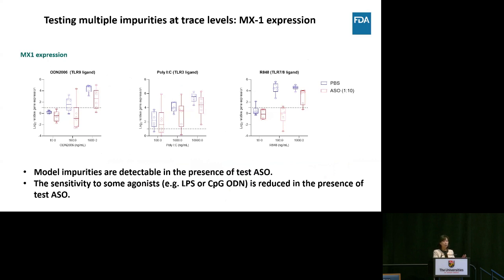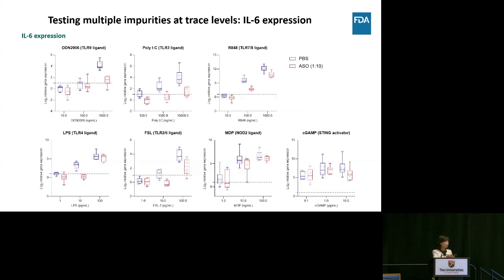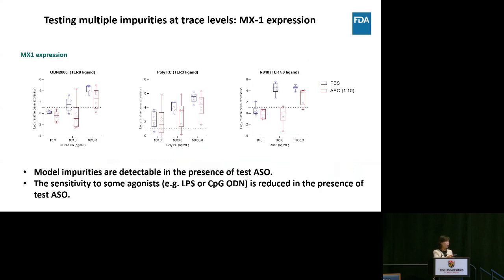But I'm not saying MX1 is the better marker for this assay, because if you look at R848, you cannot detect it here. If you go back to IL-6, you can detect R848 with or without ASO, up to 100 nanogram per ml, by RMI assay, but now it's not detectable when we check by MX1.